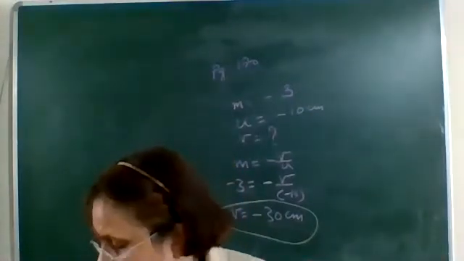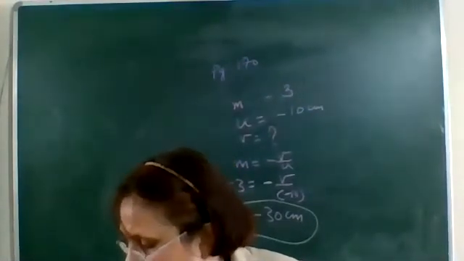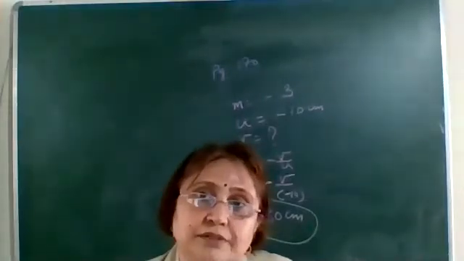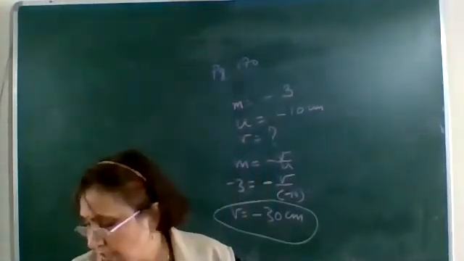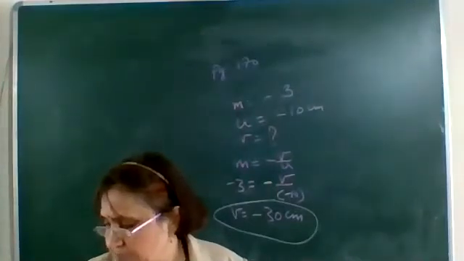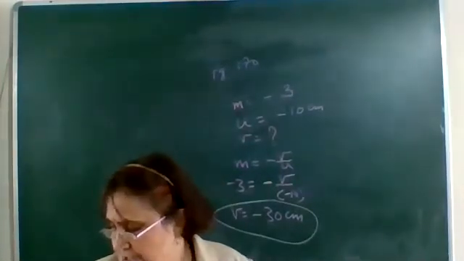Question number 2: the image formed by a concave mirror is virtual, erect and larger than the object. What is the object position? There are 4 options.